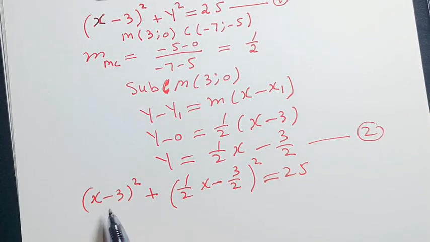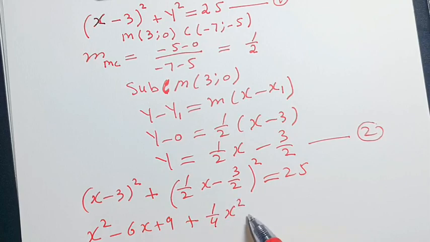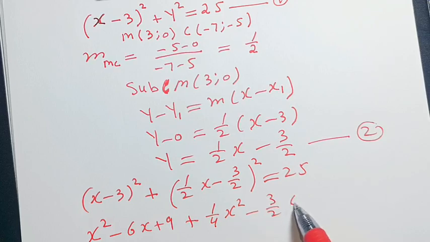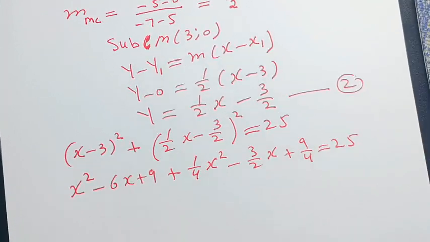I'm going to simplify this one. This is going to be x squared, I open the perfect square formula, minus 6x plus 9. And I'm going to do the same thing on this side. This is going to be 1 over 4 x squared minus 3 over 2 x plus 9 over 4, equal to 25.